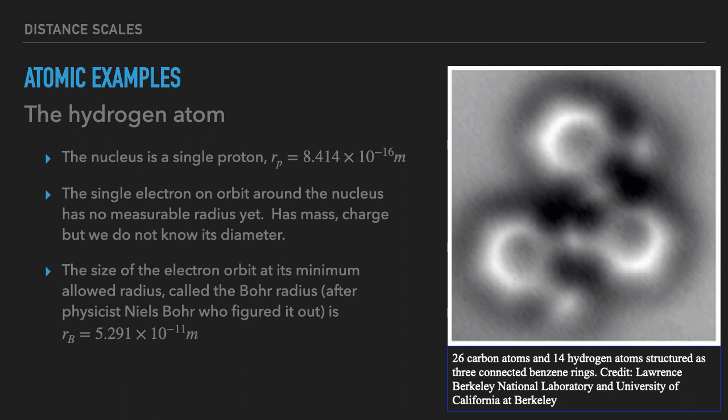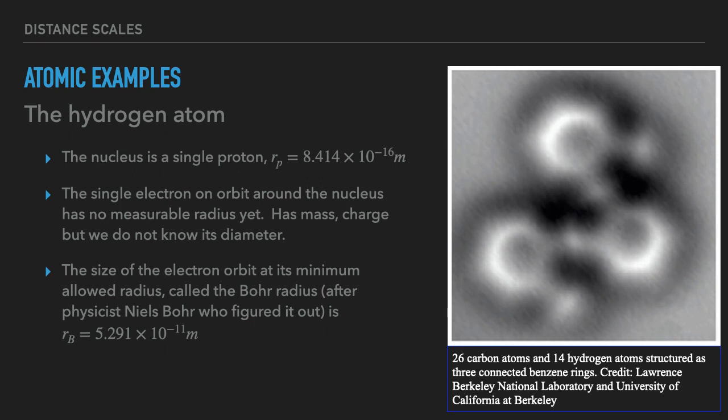Now, for those of you that have had biology class, you may have read about things that are measured in angstroms. An angstrom unit is 10 to the minus 10 meters. Let me back up. Some biological objects can be measured in angstroms. They're pretty small, but they're not this small.